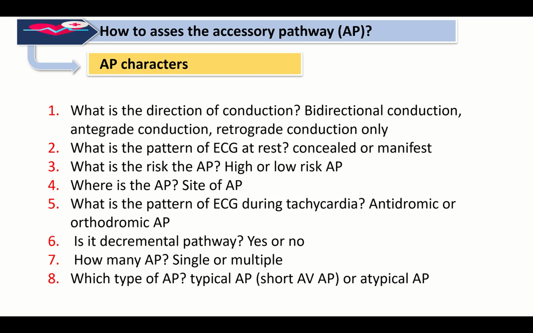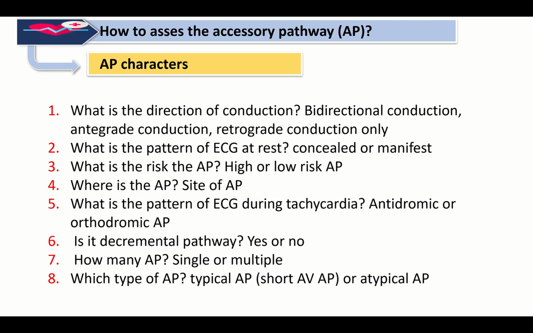Number 3, is it low risk accessory pathway, no complications expected, or is it a high risk accessory pathway? So we have to assess the risk of accessory pathway. Number 4, where is the accessory pathway, left or right, septal or lateral? Number 5, at tachycardia, is it wide complex tachycardia, antidromic, or narrow complex tachycardia, orthodromic? Number 6, decremental pathway. Yes, we know 99% are non-decremental.